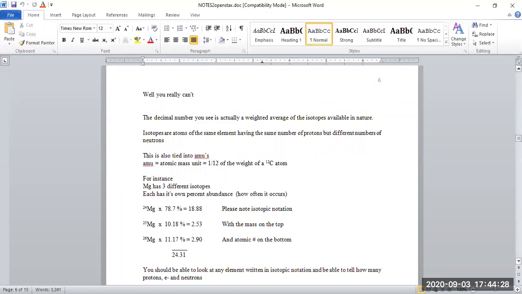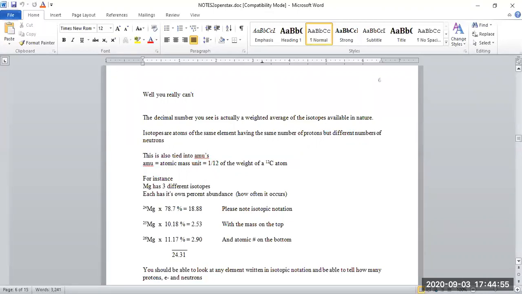Even lonely little hydrogen actually has more than 1 isotope. There's the normal everyday isotope of hydrogen, which has 1 proton and 1 electron. There's a slightly heavier but not radioactive one known as deuterium that has 1 proton, 1 neutron, and 1 electron.